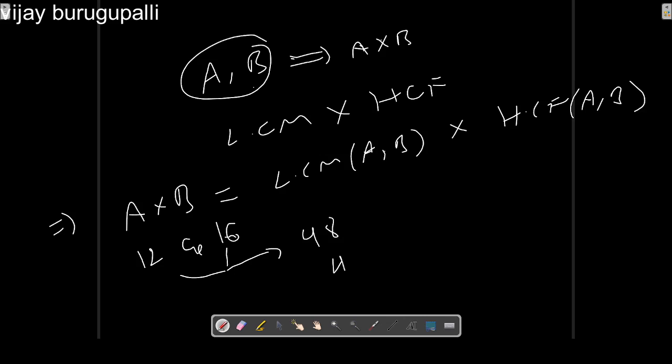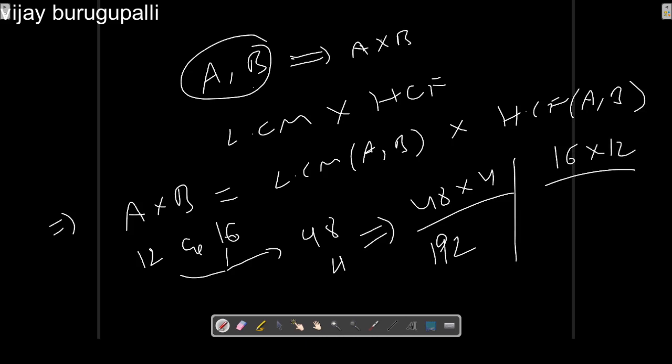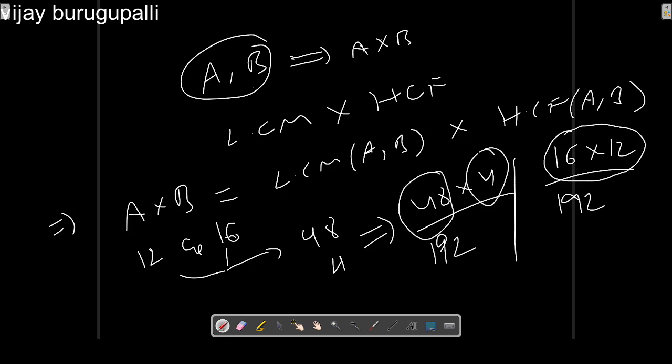Now let's multiply 48 and 4, which will be 192. Now let's multiply 16 and 12. Here also we are getting 192. That means we can obtain the product of any two numbers by multiplying the LCM and HCF of those two numbers.